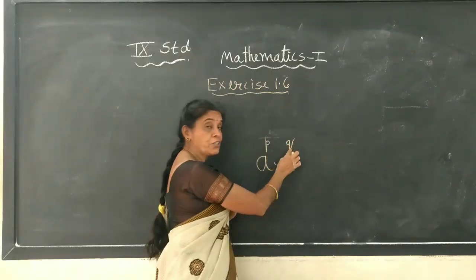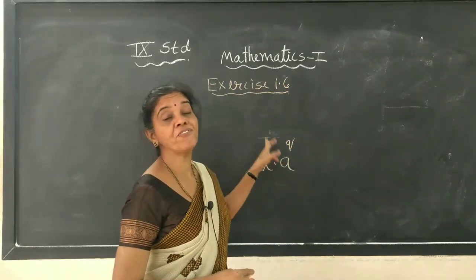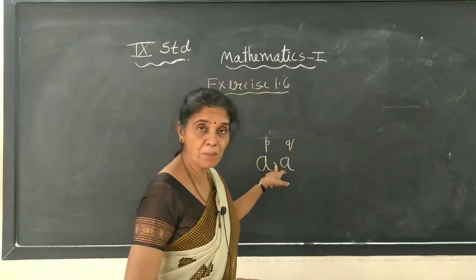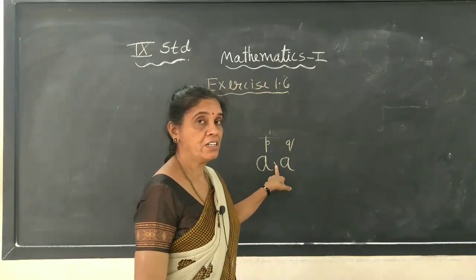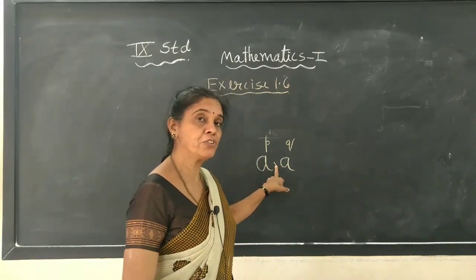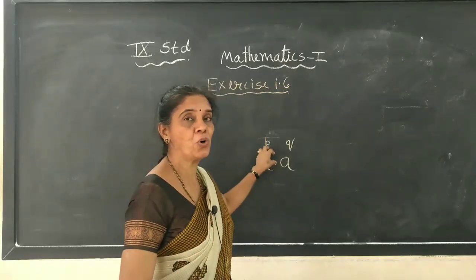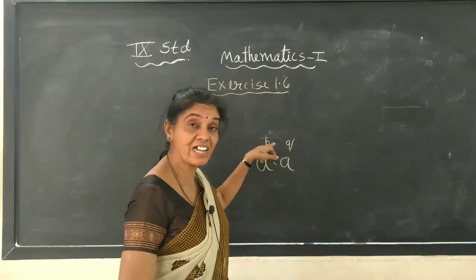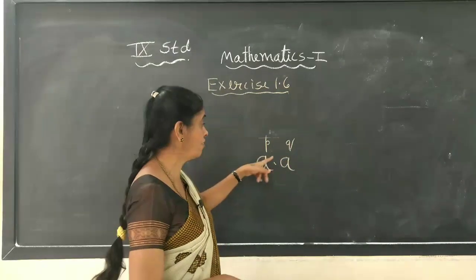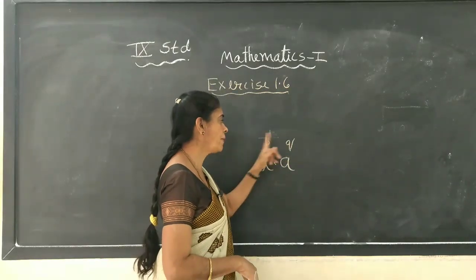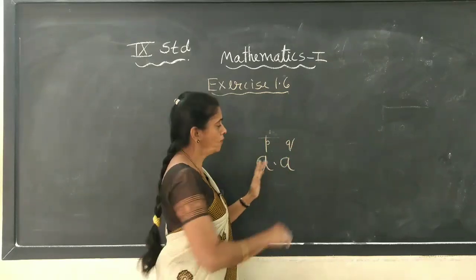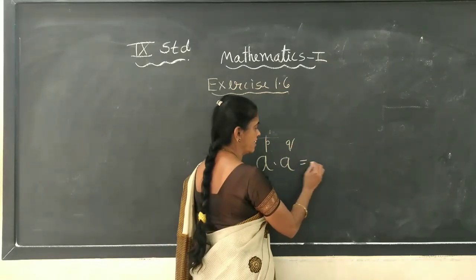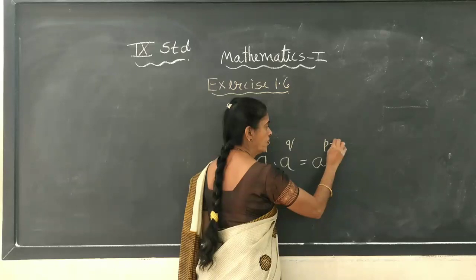Here p and q are fractions, rational numbers. That is the only change, because in the 8th standard you took whole numbers, right? But here we have to use fractions, rational numbers, so we use p and q instead of m and n, that's all. But the same law can be applied. It is a to the power of p plus q.